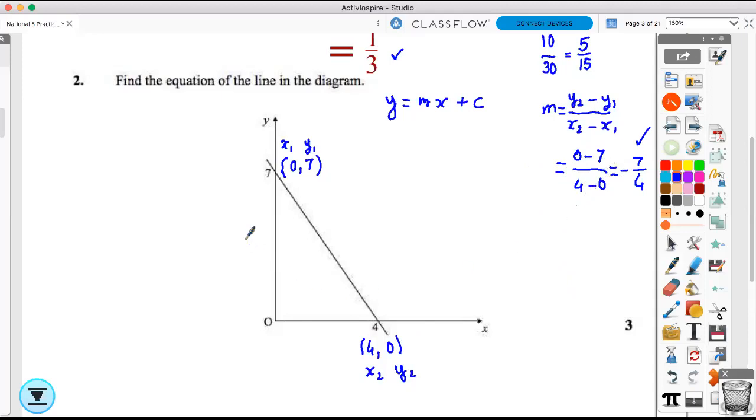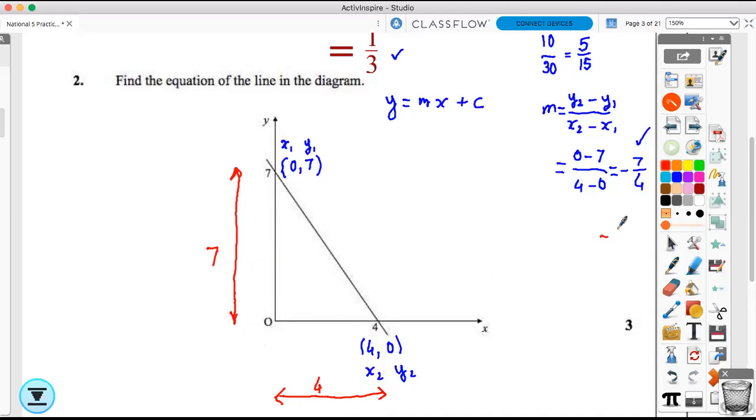Now you could have argued that, but some remember that a gradient is how much have I got in y displacement over how much have I got in x displacement. So I've got here 4 and I've got 7. And I'm going down by 7, so that's negative 7.